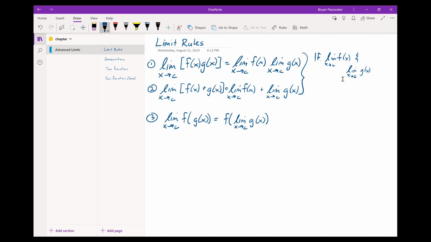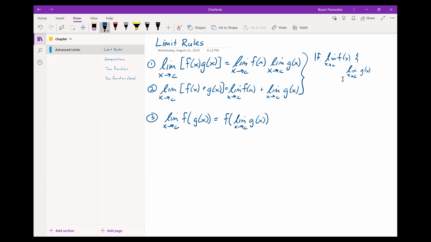And so what happens is when we get problems nowadays, sometimes we're going to see some questions where those conditions aren't met. And so if the limit of f doesn't exist, or if the limit of g doesn't exist, or even if both don't exist, it doesn't mean that the limit of the product doesn't exist. It simply means that we cannot apply this rule.